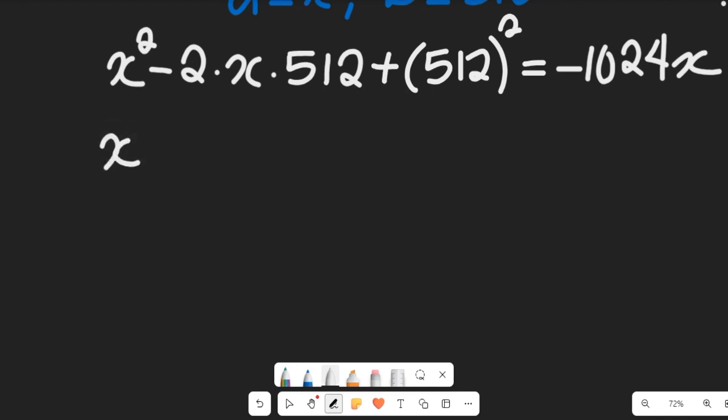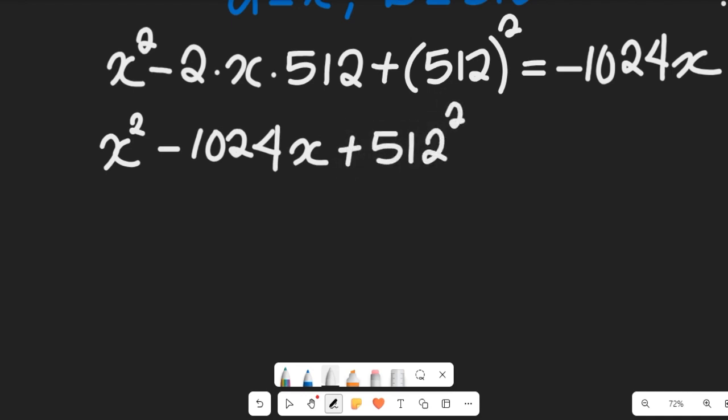This is going to give me x squared, and this 512 multiplied by 2 is going to give me 1024, minus 1024x, plus 512 squared, and this will be equal to negative 1024x.